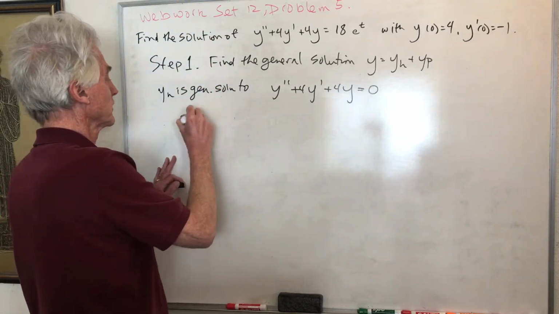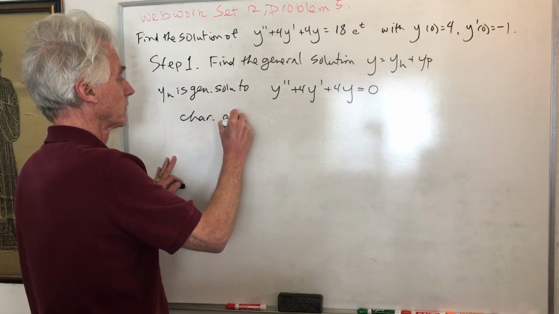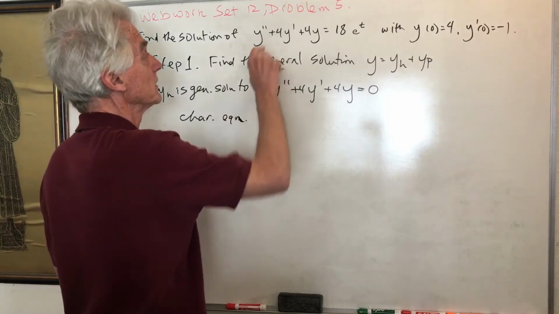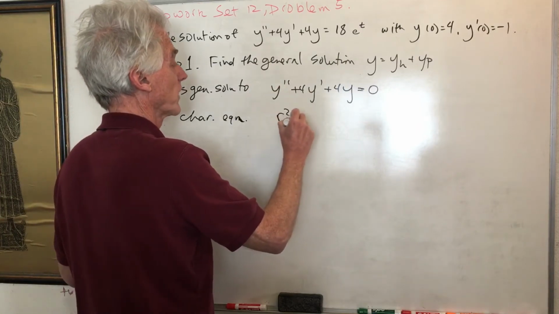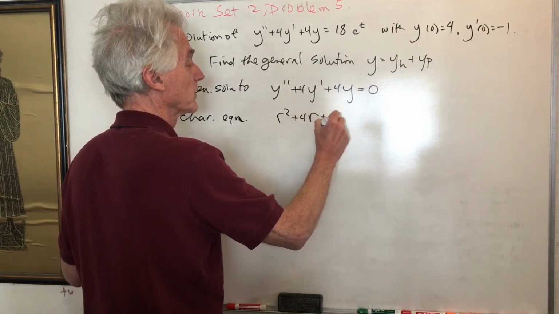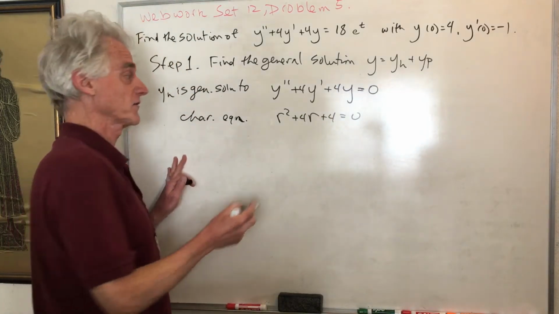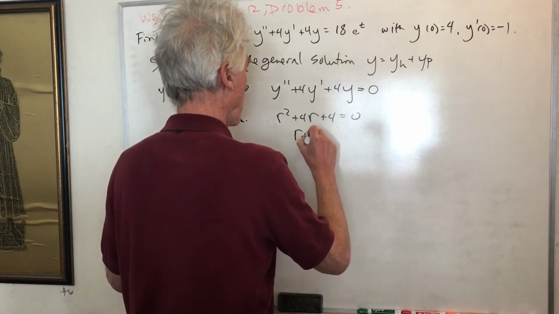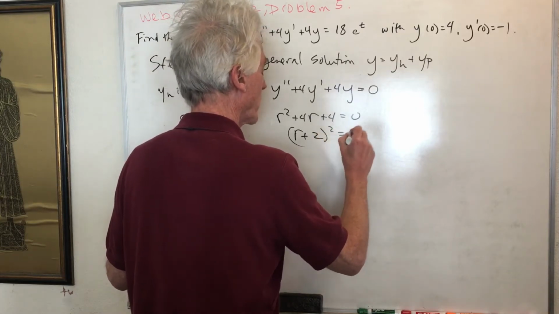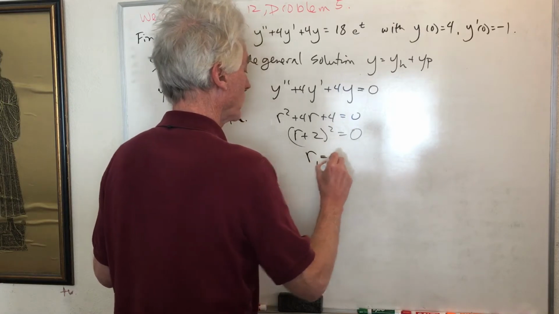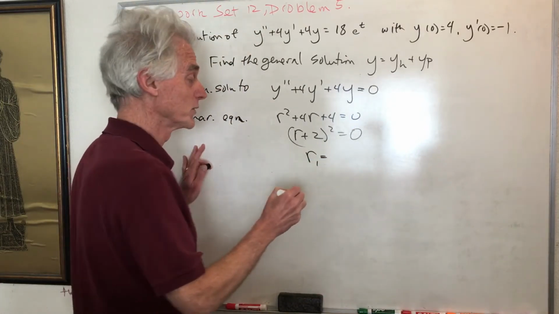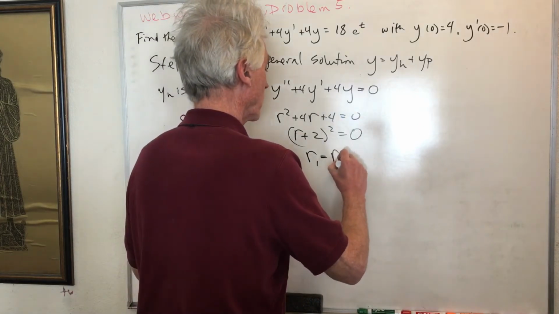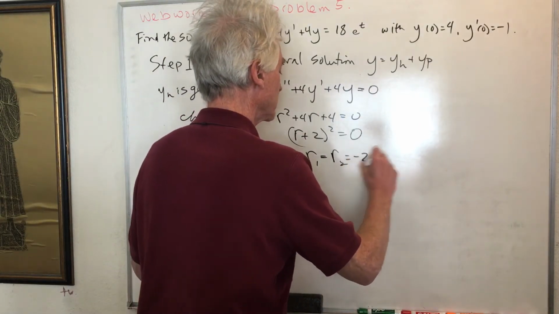And the characteristic equation for that, when you plug in y as e to the rt, is you get r squared plus 4r plus 4 equals 0. And that factors, which gives you some confidence you're on the right track. That's r plus 2 all squared equals 0. So this really does have two roots, but they're the same. So we say two roots counting multiplicity. r1 is r2 is negative 2.